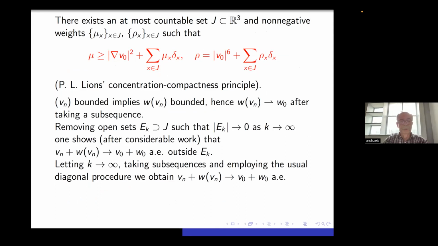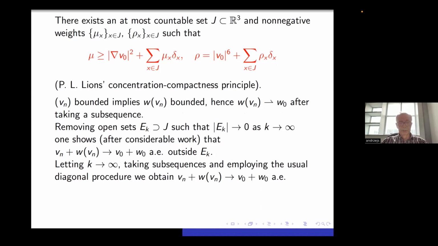Now we have that Vn bounded implies W of Vn bounded. One has to prove this, but it's not difficult. So passing to a subsequence, W(Vn) goes weakly to W0. And now, since J is at most countable, we can remove open sets of arbitrarily small measure. And after doing this, one can show almost everywhere convergence outside of this.